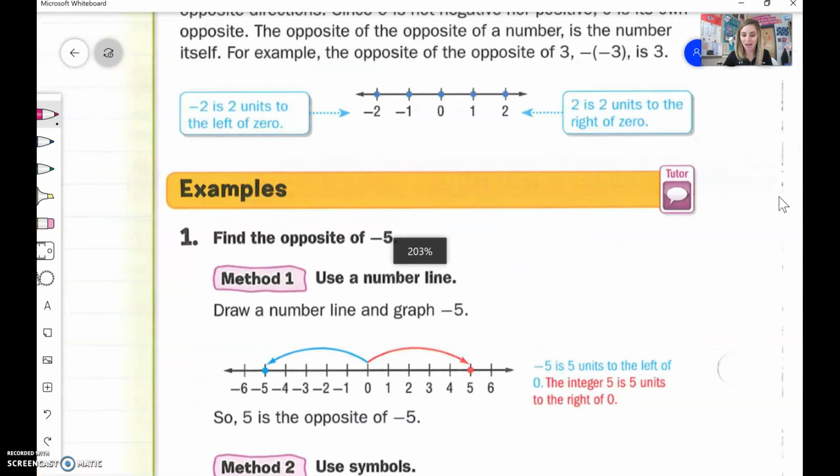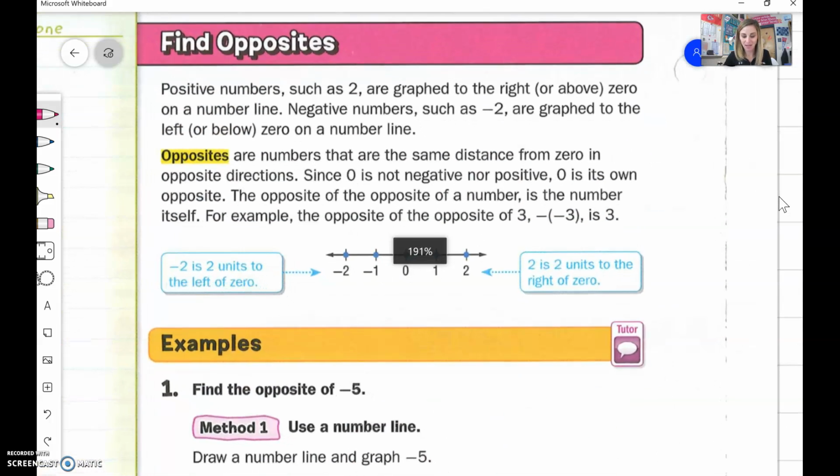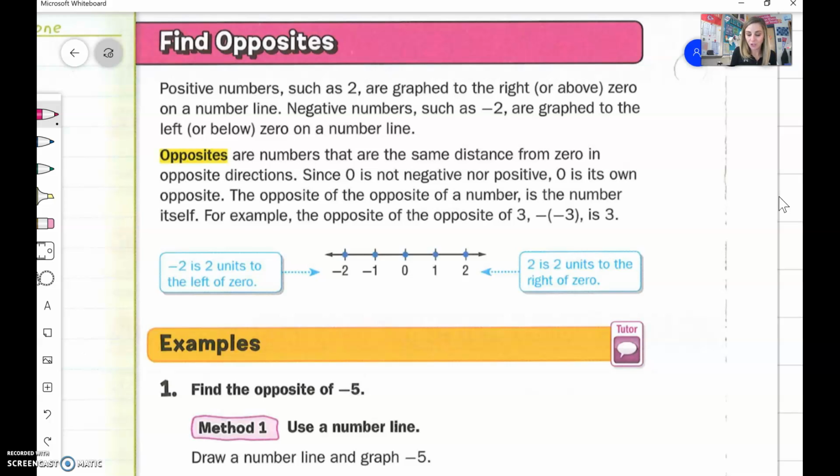So let's talk about opposites. Positive numbers such as 2 are graphed on the right side or above, depending on which way your number line is going, of 0 on the number line. Negative numbers are graphed on the left or on the bottom of 0.